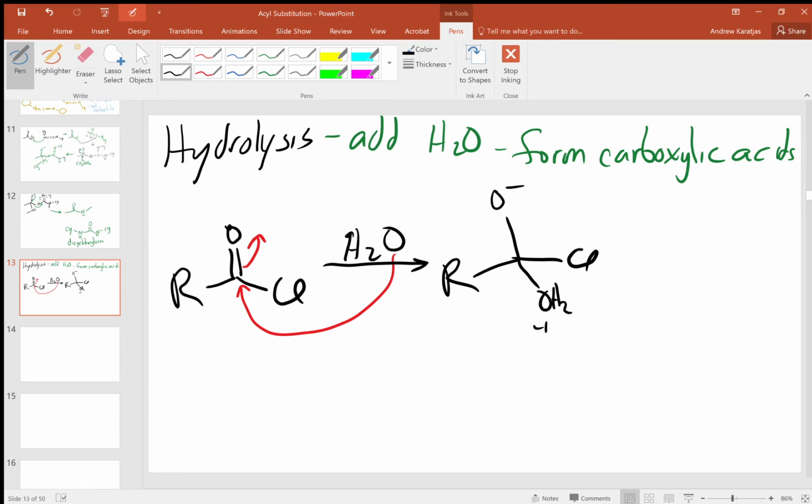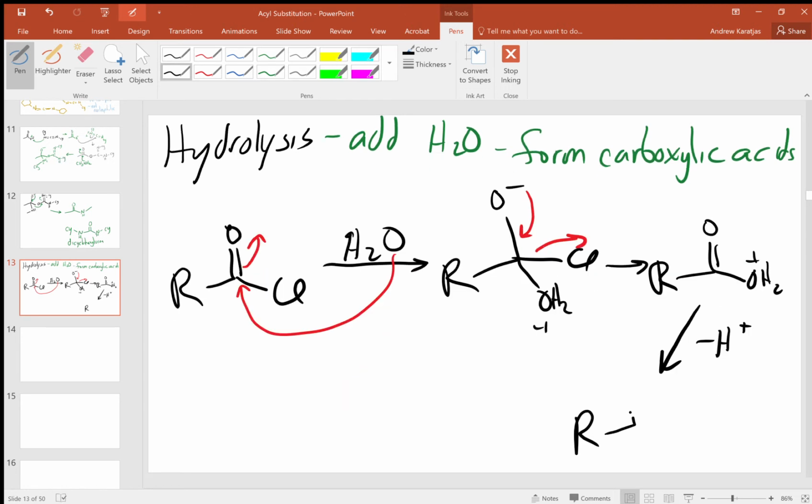And that forms our tetrahedral intermediate, which we've referred to quite a number of times in this section. Here, the O- adds its electrons back in, kicks out the chlorine, and we have what is essentially now a protonated carboxylic acid, which by losing a proton gets us to our product.